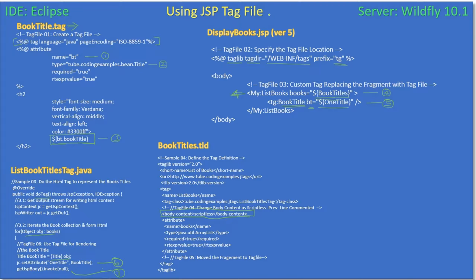Using that URI, we will get into the simple tag file, and inside the simple tag file we will get into the doTag method, and inside the doTag method we are executing all this. That means on this perspective we are executing this, and this is getting all the book title collection, right? That's processed here in the for loop.